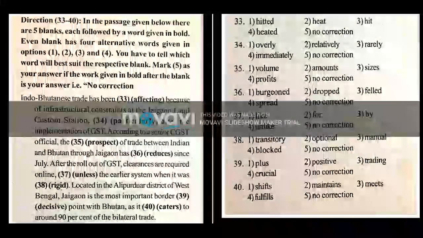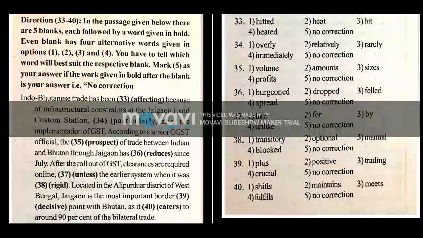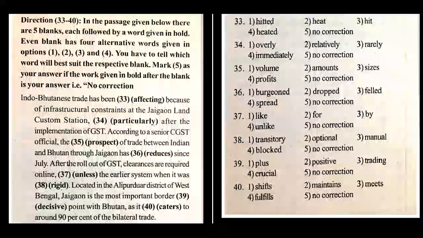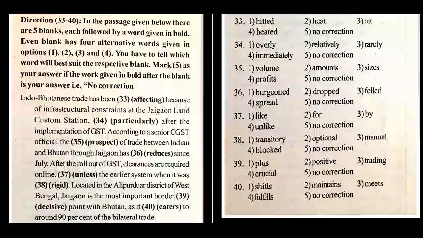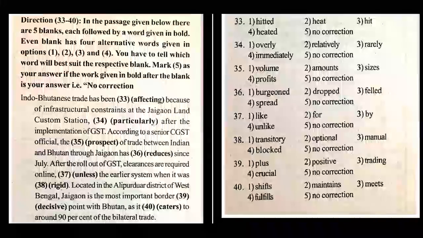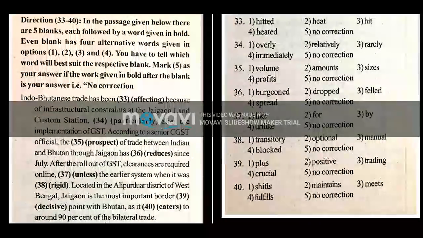That means you must coin or form or create a word of your own for the blank without coming to the options. Now comes the next strategy, and this is the most important strategy, that is the elimination strategy.